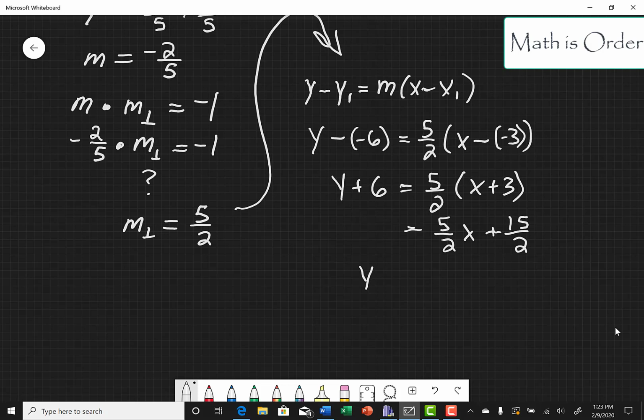So that y is equal to 5/2 x plus 15/2 minus 6. Multiply top and bottom by 2 to make a common denominator.